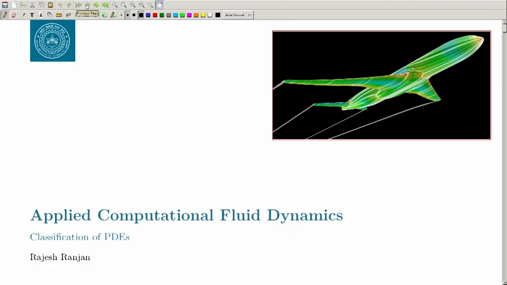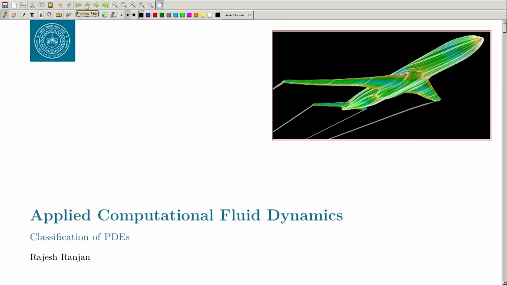First of all, it is a PDE or ODE. Secondly, whether it is linear or non-linear, or maybe quasi-linear, semi-linear. Then it can be homogeneous or non-homogeneous. And finally, based on their physical character, whether the equation is elliptic or hyperbolic or parabolic. It can be a mix of all three also, or in certain regimes, it may display one character more strongly than the other.